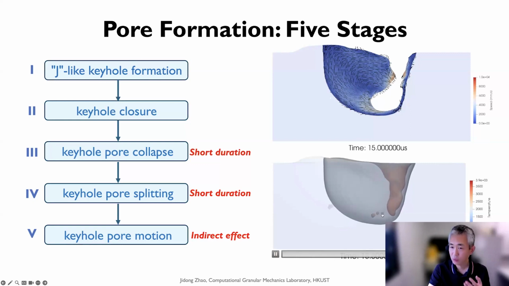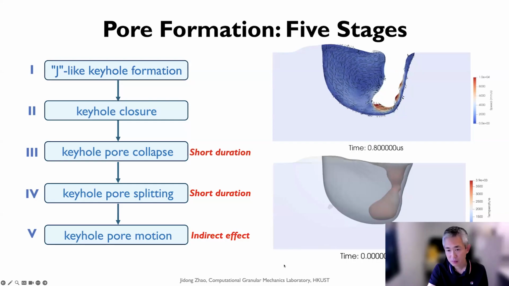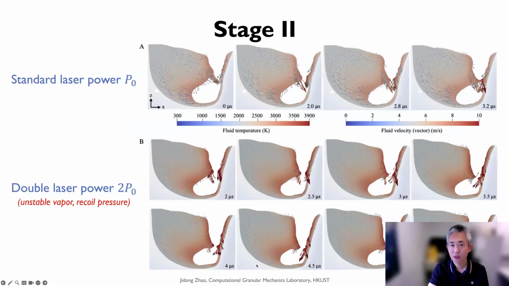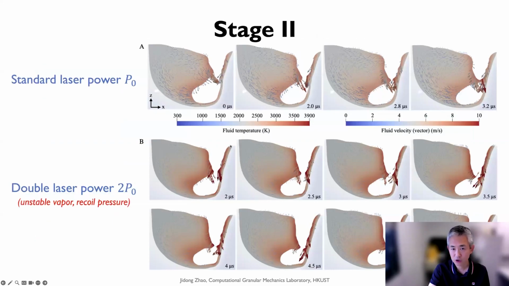We identify the different stages of this pore generation and their time instances, and we want to correlate them directly with practical printing control. So we look at stage 2, for example, first the keyhole closure, and then we use a different power to try that.